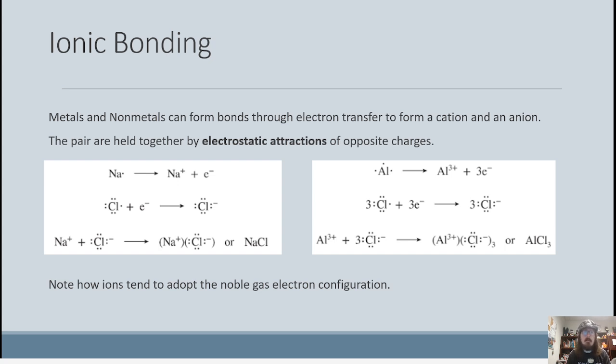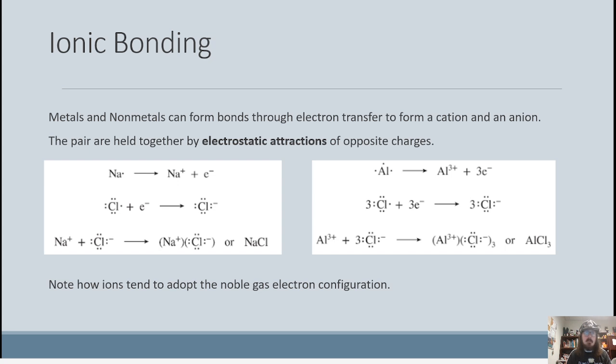Well, when we have metals and nonmetals, our bonds are formed through electron transfer to form our cation and anion pair. Remember, they're going to try to achieve this by emptying out s and p orbitals, if at all possible, to be like a noble gas, with a filled core set of electrons or a filled valence set of electrons.